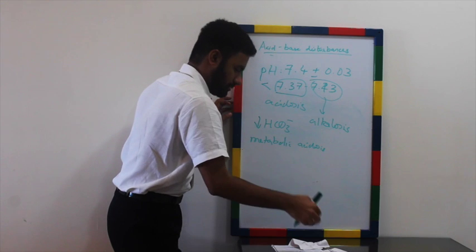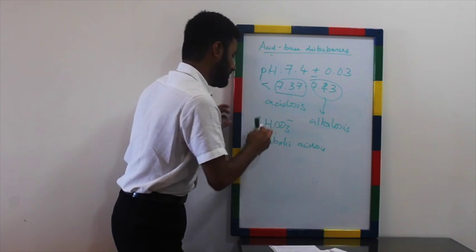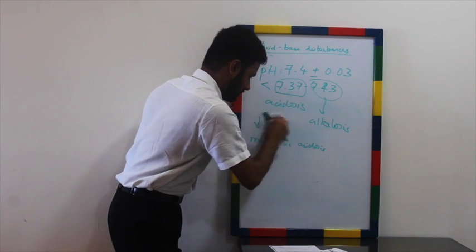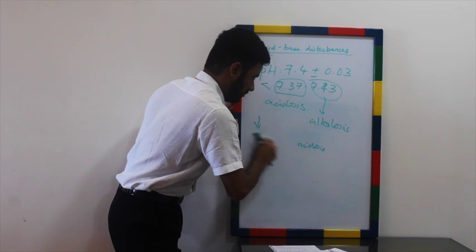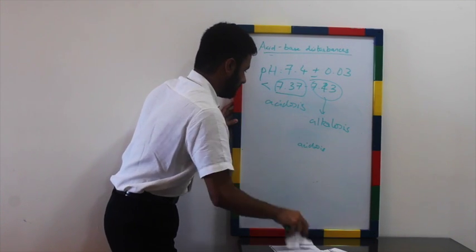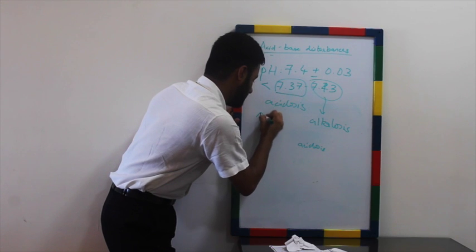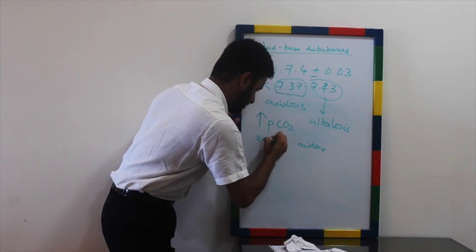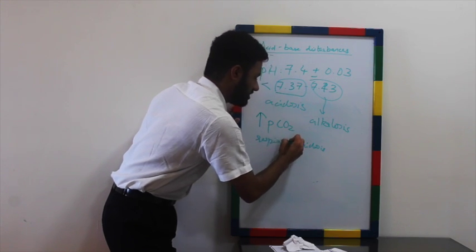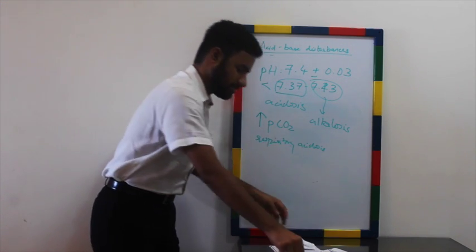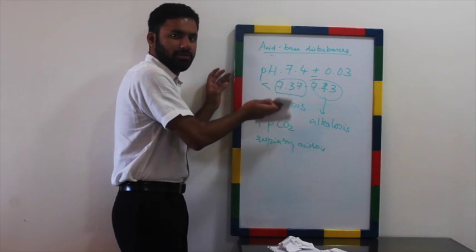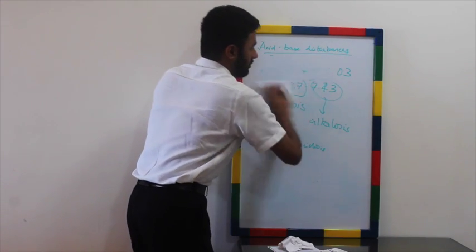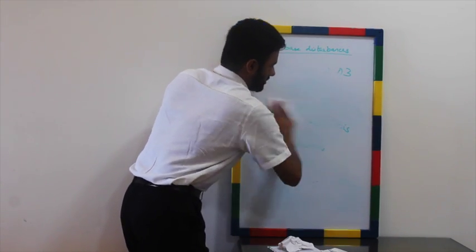Similarly, if you have an increased PCO2, it's called respiratory acidosis. And with a decreased PCO2, you have respiratory alkalosis. So I'll just draw another table showing you what these conditions mean.